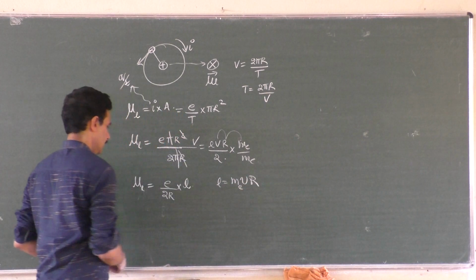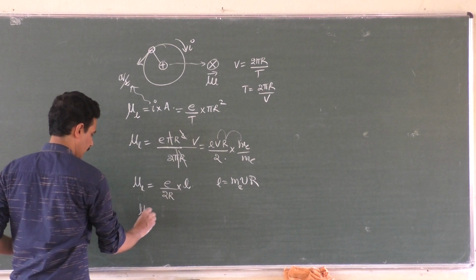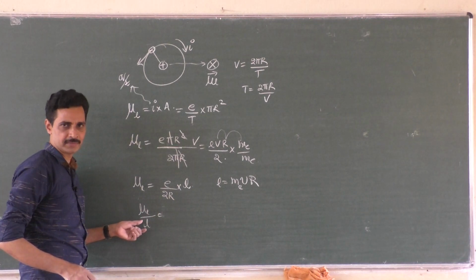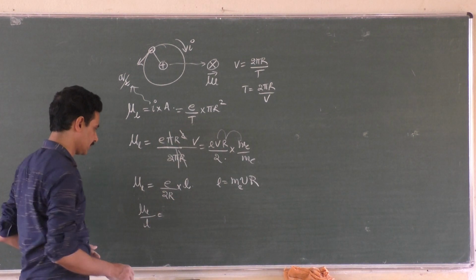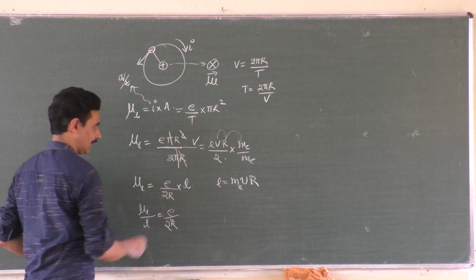And if you get this mu L by L, then it is called gyromagnetic ratio. Magnetic moment of the electron to the angular momentum of the electron. That ratio is called gyromagnetic ratio. It is e by 2m. You can calculate its value.